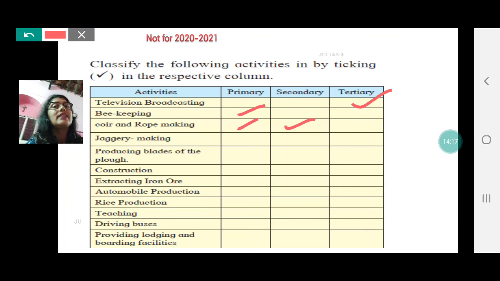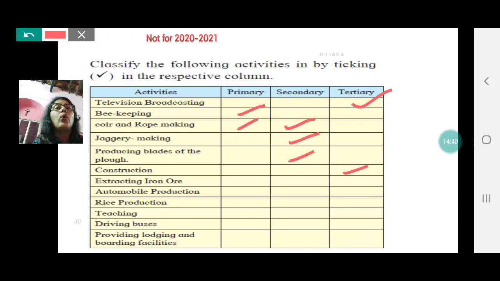Therefore, we can take it as secondary sector. Both can be correct. Jaggery making production means secondary sector. Producing blades, and plows, definitely secondary sector. Construction of houses. Okay, so construction services come under tertiary sector.